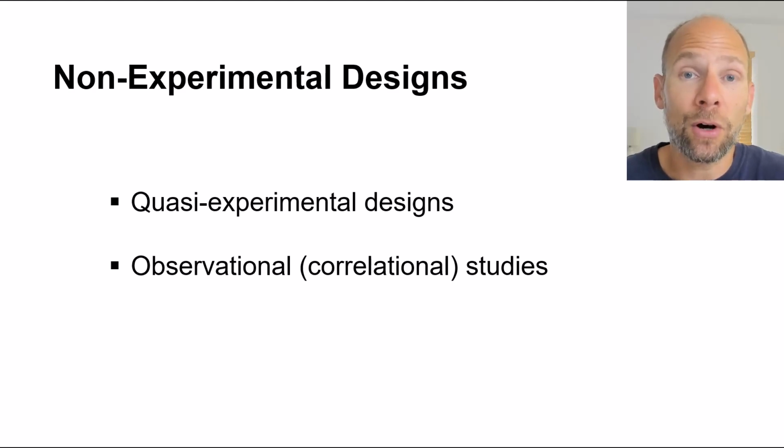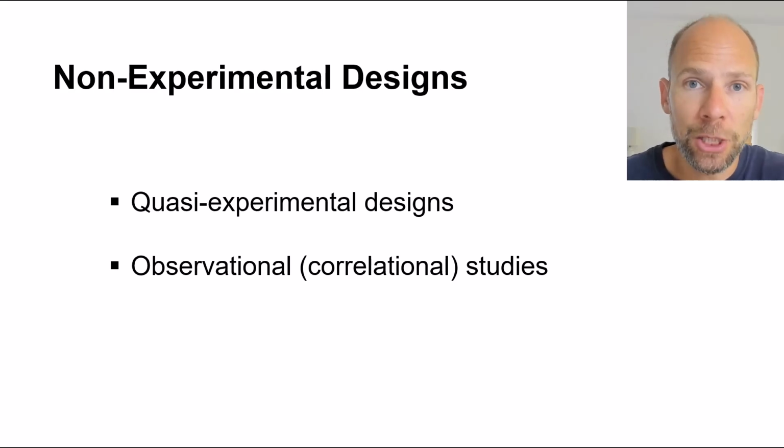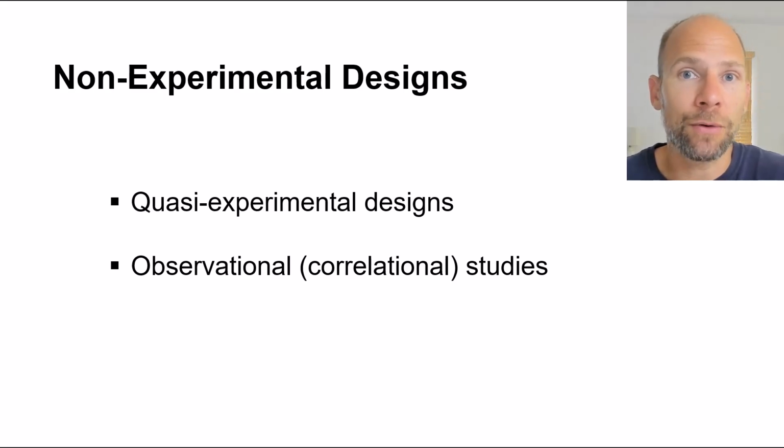Another thing that's also often done is the use of observational or correlational studies, where you don't have any groups. So you may simply correlate variables with one another, so frequency of variable X with a variable Y, or a bunch of variables. And so you simply measure variables and you correlate them and look at association.